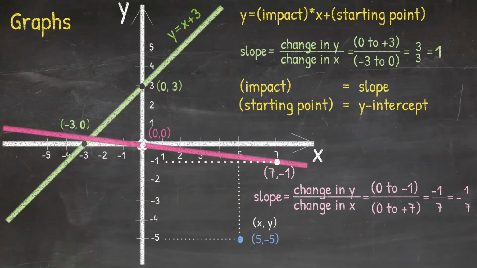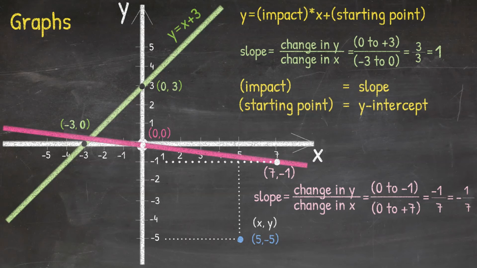For the green line, that would be 3, because it crosses at the point of 0 and 3, and the y dimension is 3. And for the other line, it crosses at 0, 0, which means the y dimension is 0. So let's define the equation for the green line.